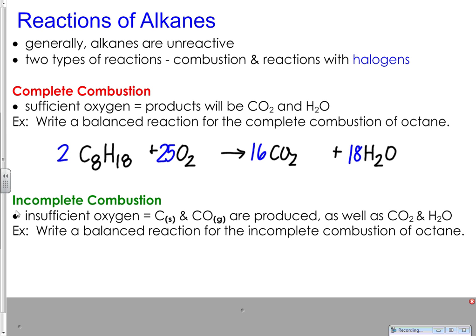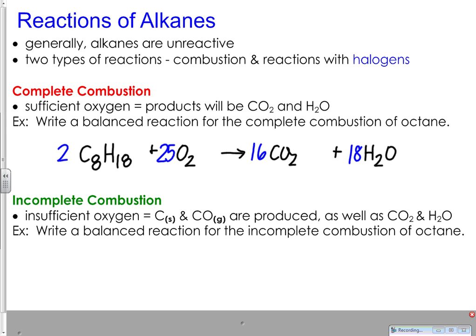Now, writing a balanced reaction for the incomplete combustion of octane isn't as easy as writing it for a complete combustion because there are several possible acceptable reactions. But we're just going to write a fairly simple one. So if we have octane again, and we're going to burn it in oxygen, and let's just keep the reaction relatively simple by just assuming that instead of CO2 and H2O, we're going to get CO and H2O.